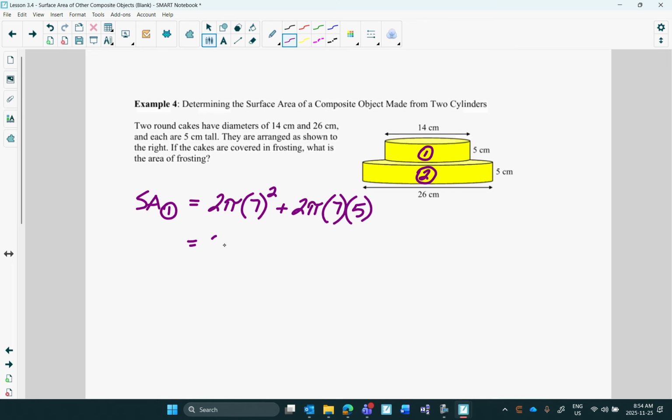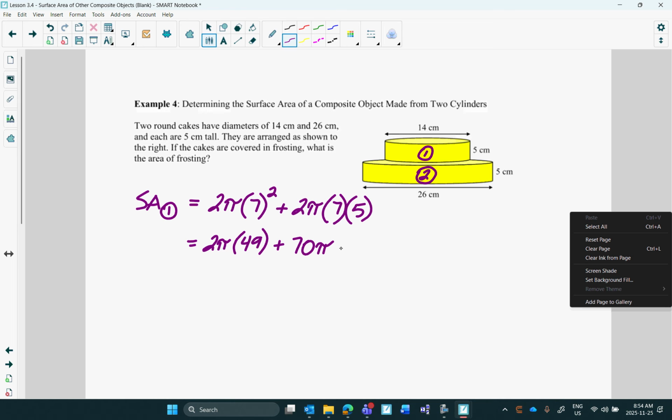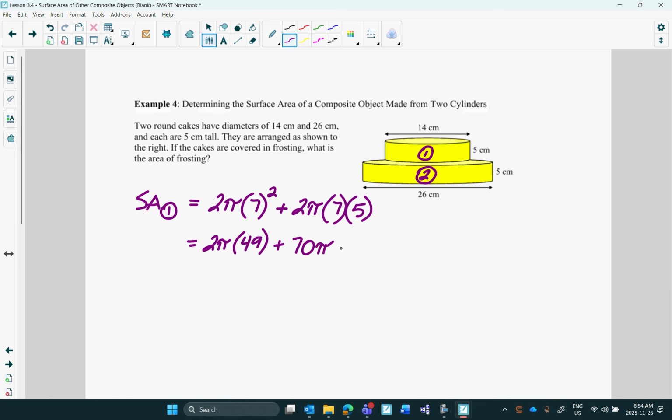So we get 2 times pi times 49. We've got to square first. I can do 2 times 7 times 5 all together to get 70 times pi.